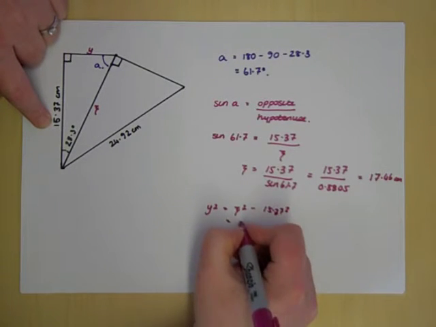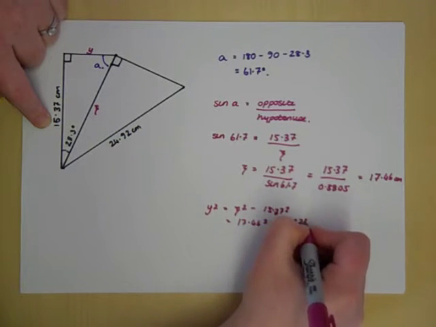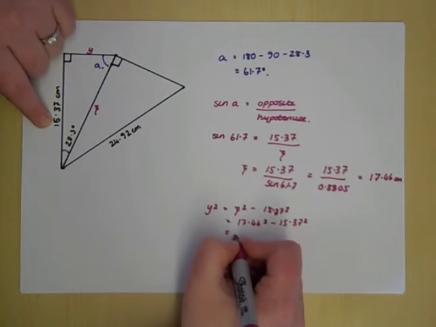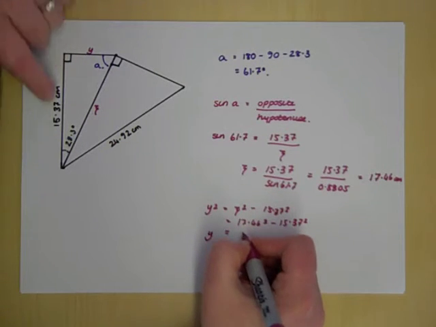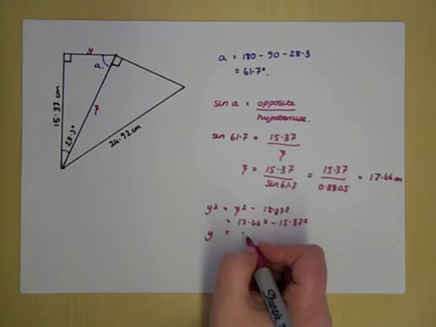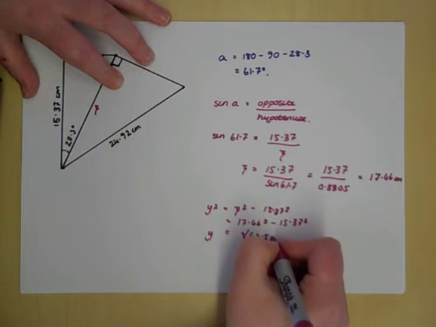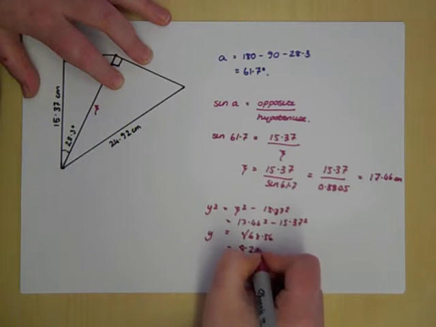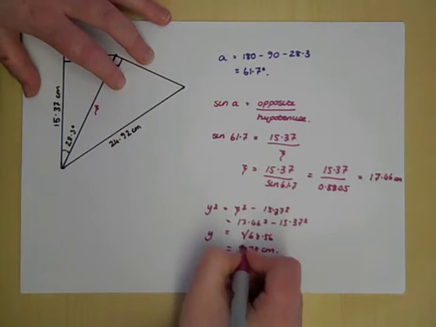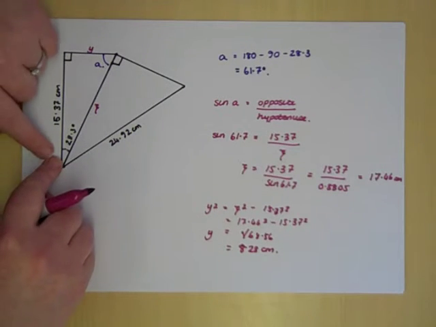So this is equal to 17.46 squared minus 15.37 squared. And so if I were to work that out, I find that Y is equal to the square root of 68.56, which is equal to 8.28 centimetres. So this one here is 8.28 centimetres. So now I know everything in this.